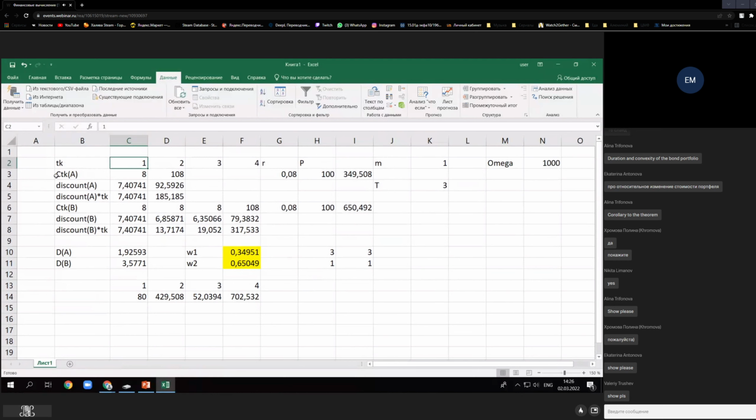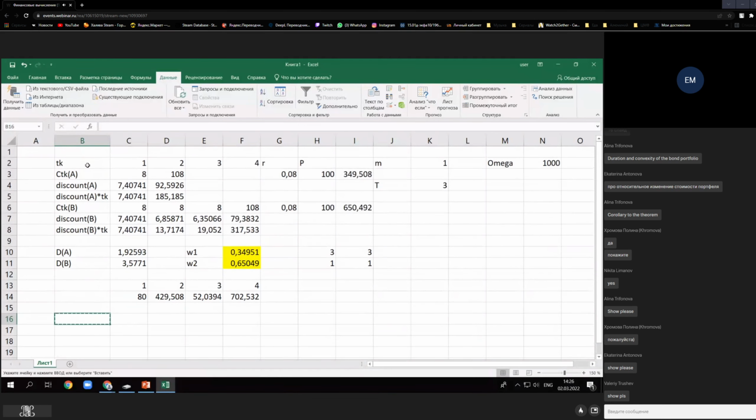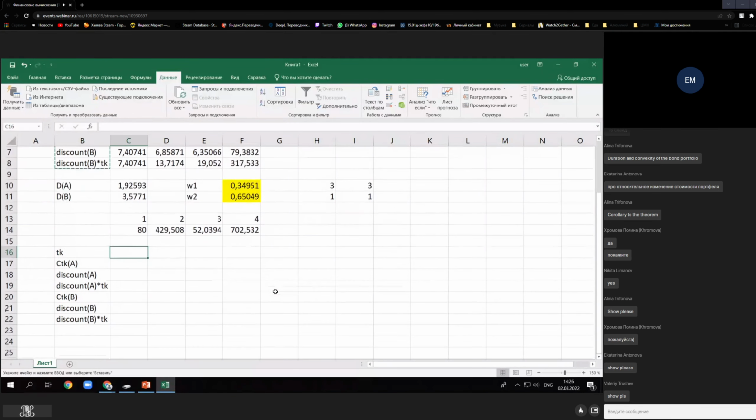Okay, let's calculate what will happen here. In 1 year, we should first of all estimate our sum of investment, but the rate now is 7%.